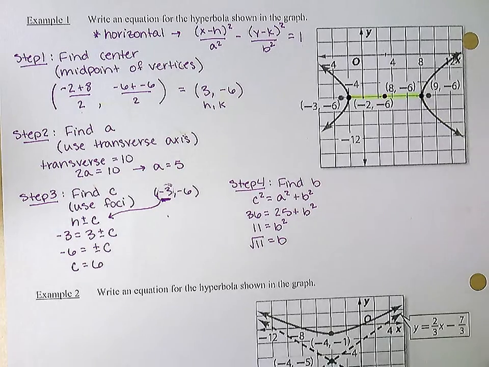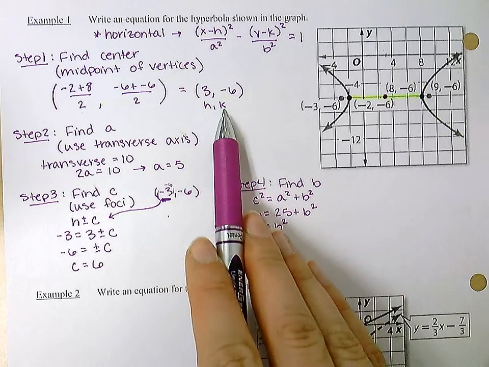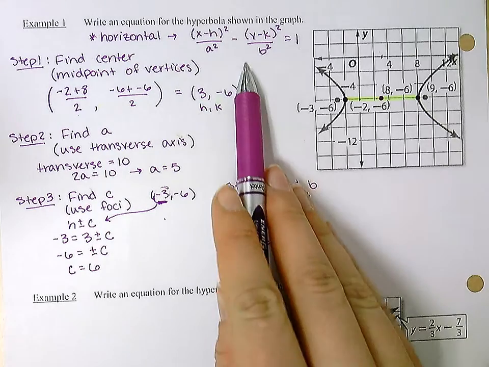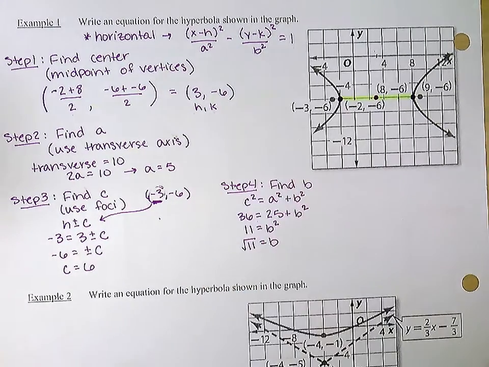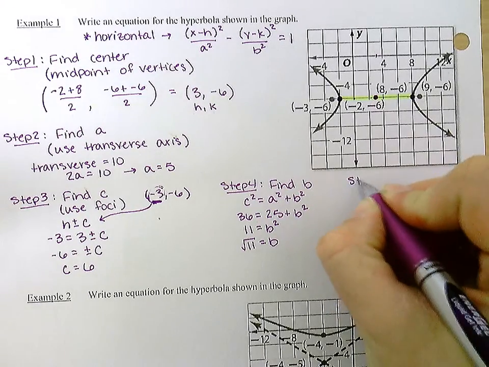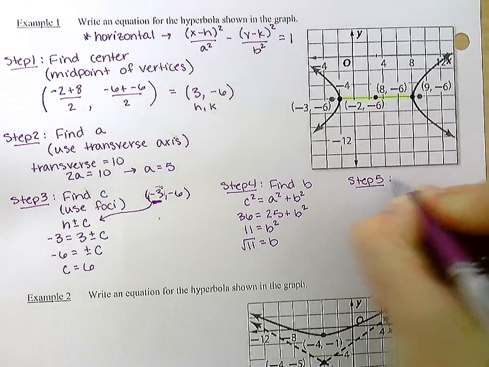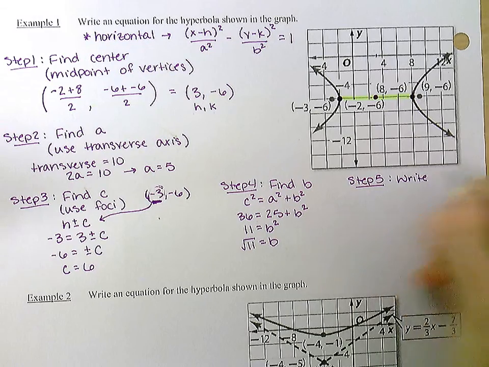Okay, so now that I have h, k, a, and b, that's all I need to plug into my formula here to write out this equation. So our last step is to write the equation.